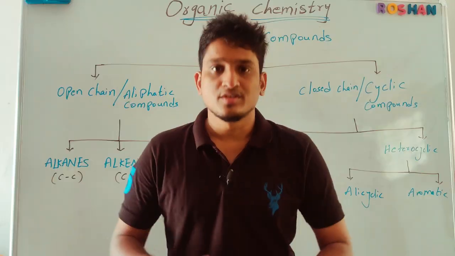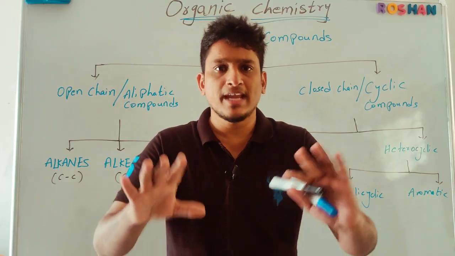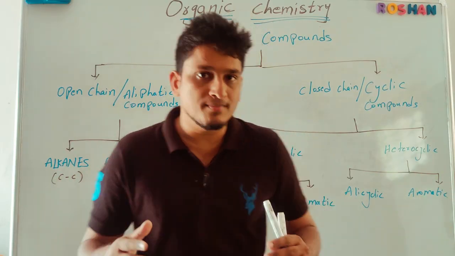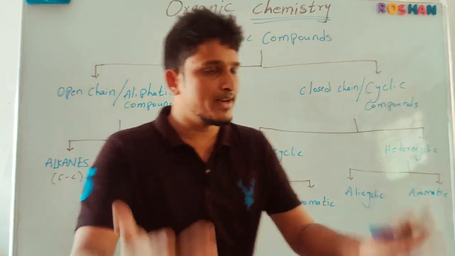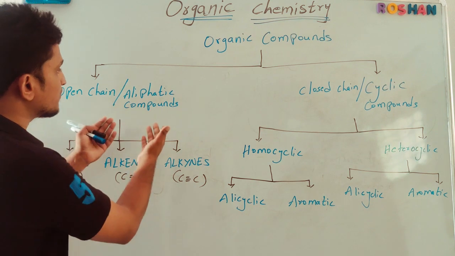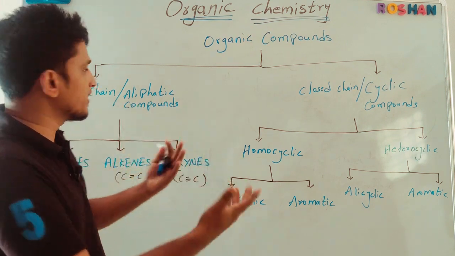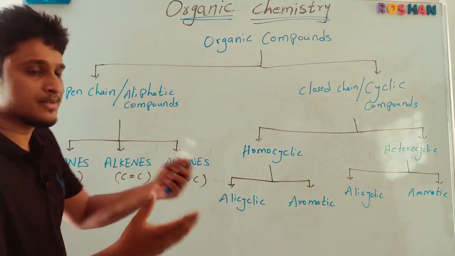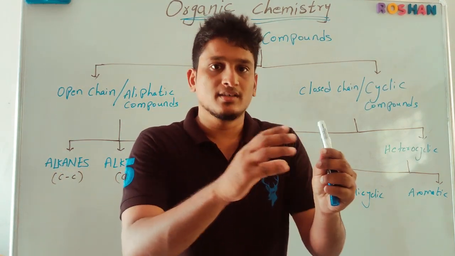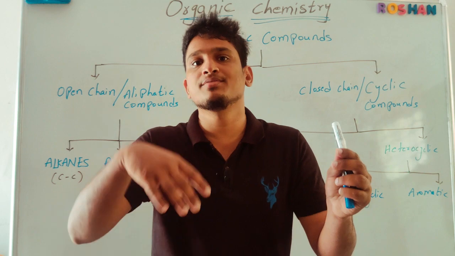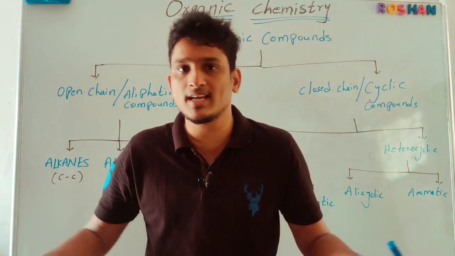Got the clarity? So students, organic compounds are mainly classified into open chain compounds and closed chain compounds, and the classification is not so typical. It is very simple in the name itself. Open chain compounds are aliphatic compounds, meaning oil forming compounds. So what are open chain compounds? Simple. How do organic compounds form? Carbon bonds with another carbon, and it bonds with another carbon. Yes or no? This is an organic compound, right?